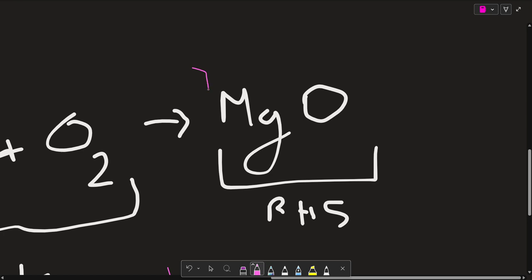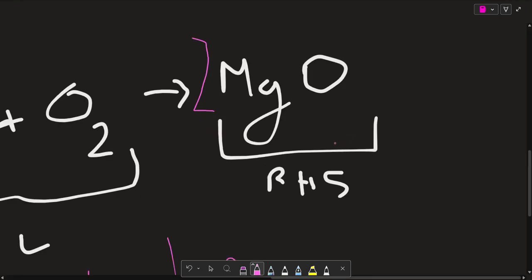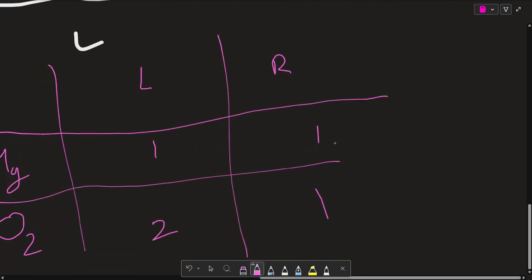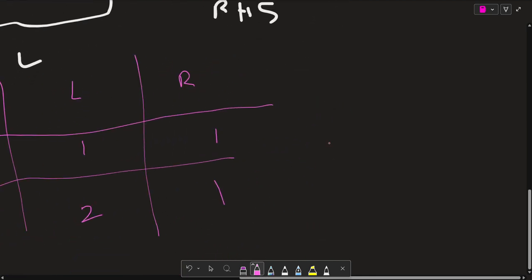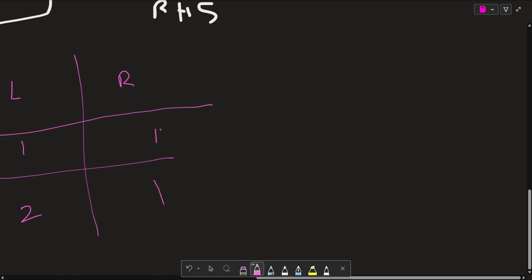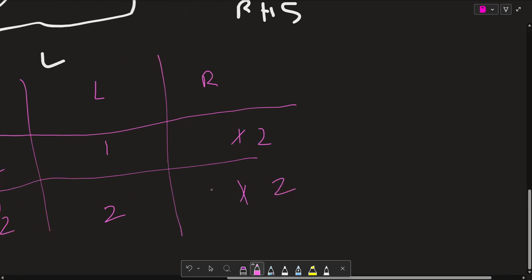So it will become 2MgO, 2 magnesium oxide. Since magnesium oxide is a compound, the 2 is shared among magnesium as well as oxygen. So the molecular mass of magnesium will also be 2 and the molecular mass of oxygen will also be 2.